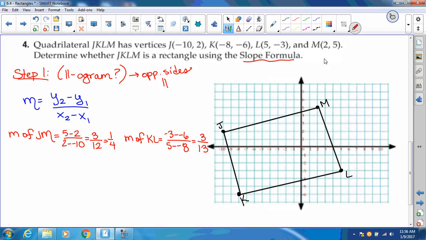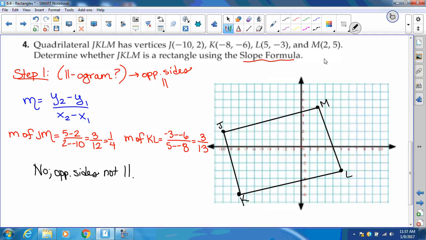So we can stop right here and say that it cannot be a rectangle, and you can tell me why: the opposite sides aren't parallel. If it's not a parallelogram, it's automatically not a rectangle. So that's the thing you need to check first. Is it a parallelogram? And then use some specific properties to determine if it's a rectangle.